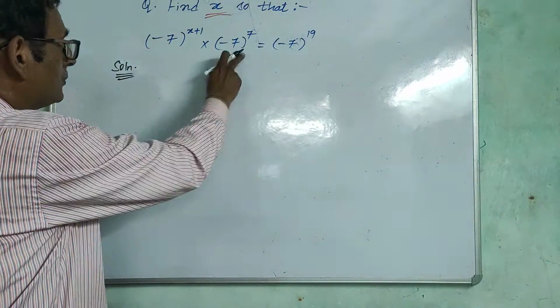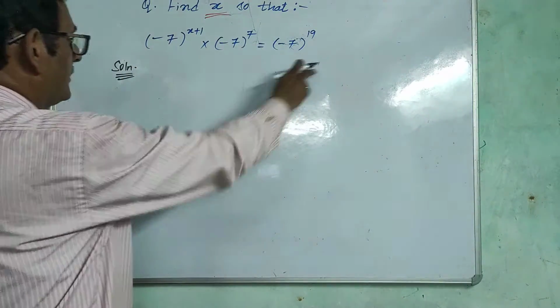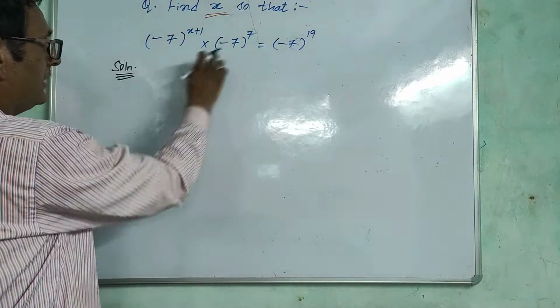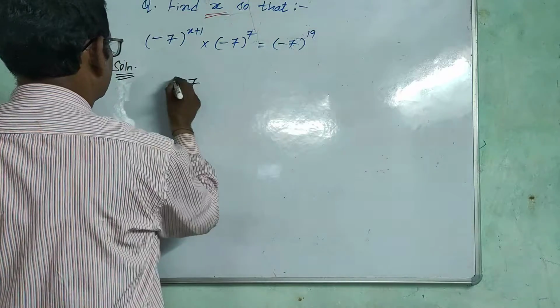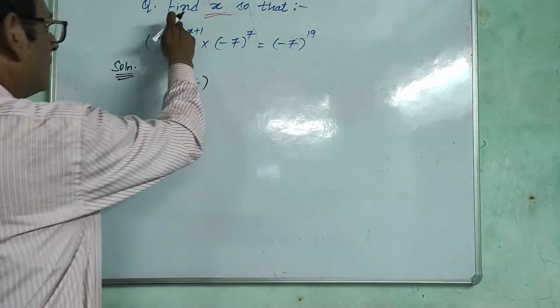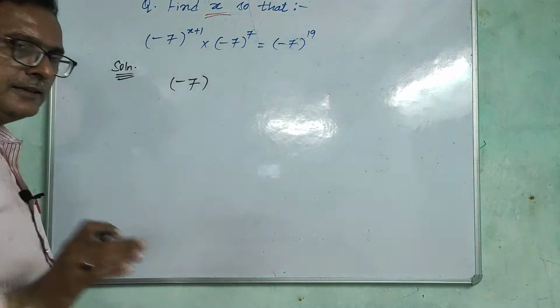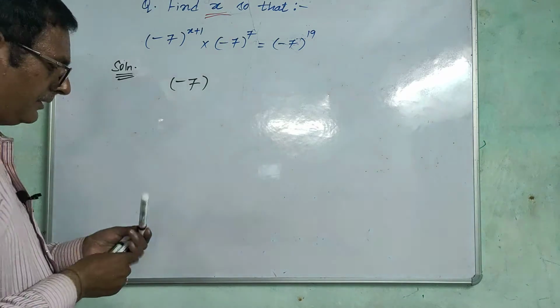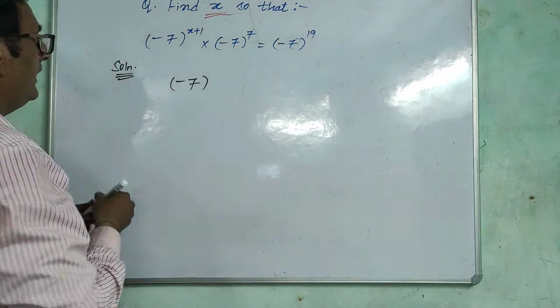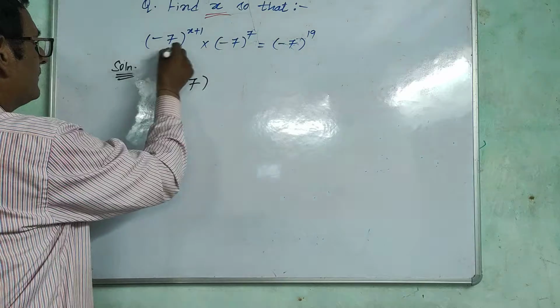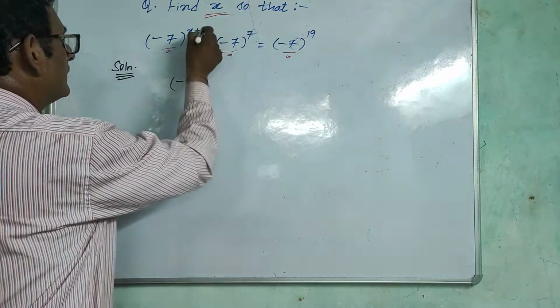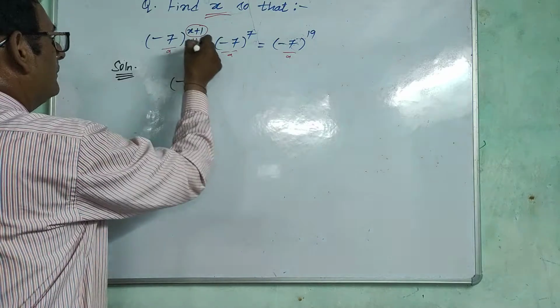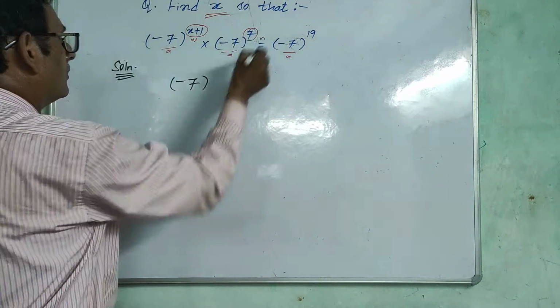You can see, this is LHS and this is RHS. On the LHS we can see the bases are same. So we take common base minus 7, and a to the power of m into a to the power of n is a to the power of m plus n. So this minus 7 is your a, this we take as m and this we take as n on the left hand side.